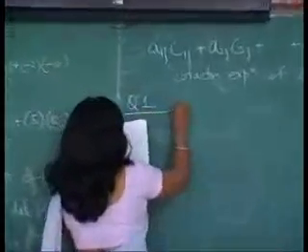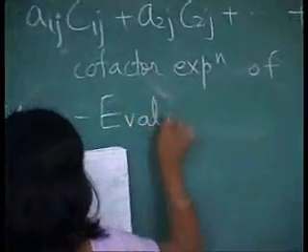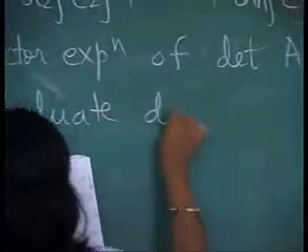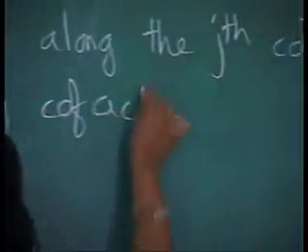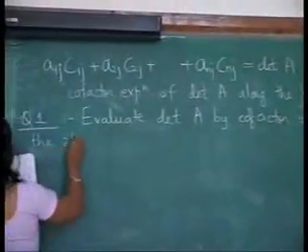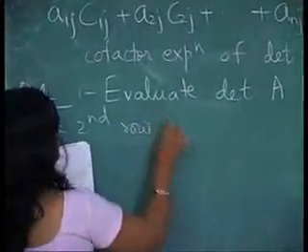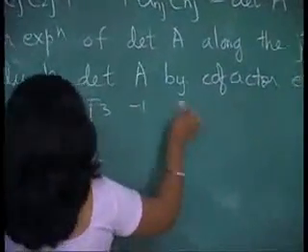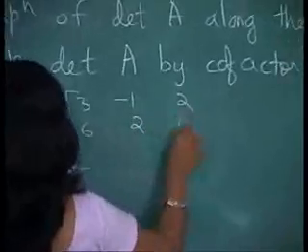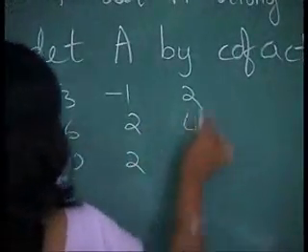Let us evaluate determinant of A by cofactor expansion along the second row. A is given to be the matrix 3 minus 1 2, 6 2 4, 0 2 1.